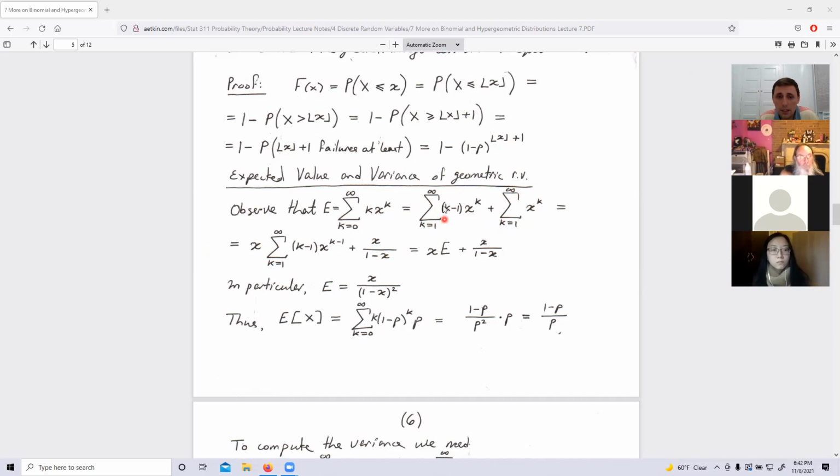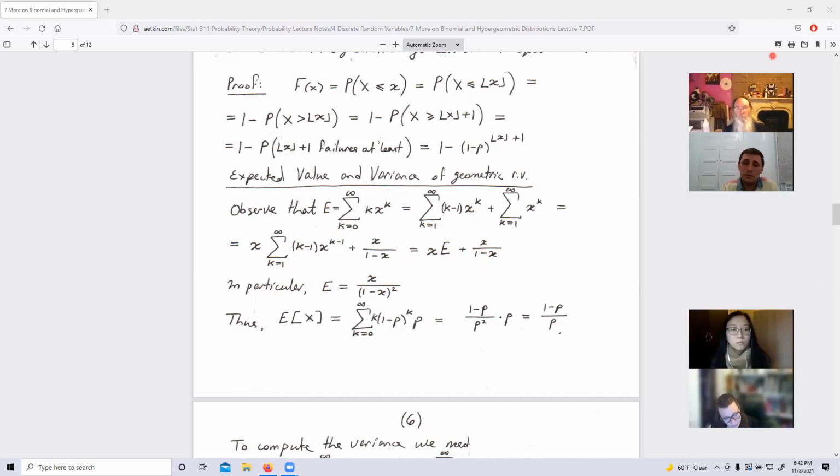Whereas this part, if I just reparameterize it, I can factor out the x. What I see over here is just x times the original E. So it's x times E plus this number. And in particular, E equals x over 1 minus x squared. So that's one way to do this.